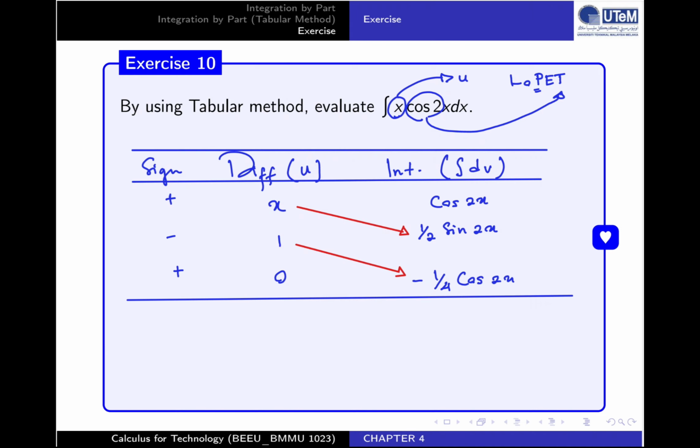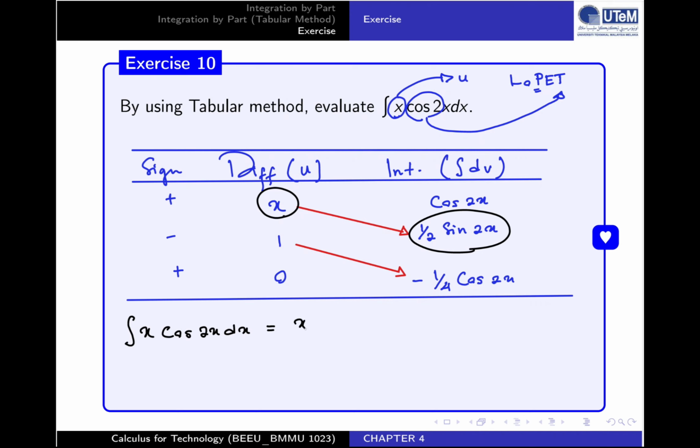So we can get the answer for the integration of x cos 2x dx by using the tabular method, which is x times 1 over 2 sine 2x.